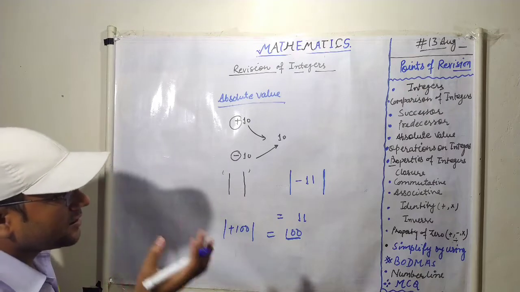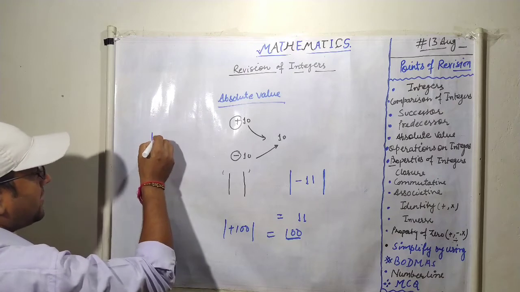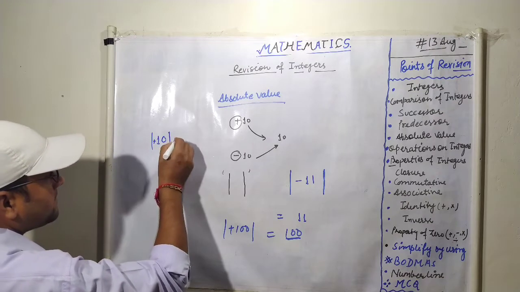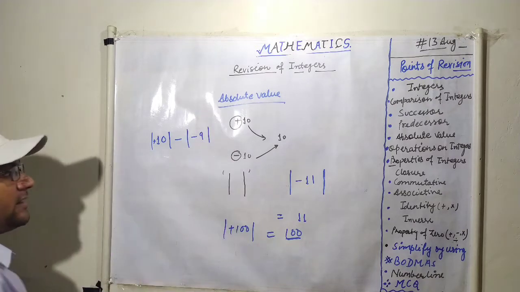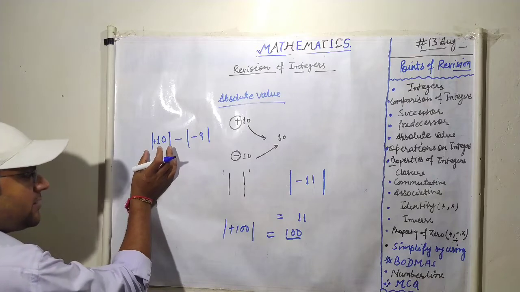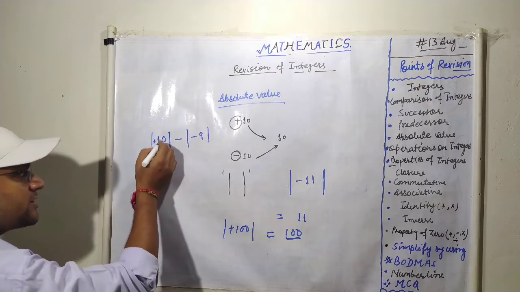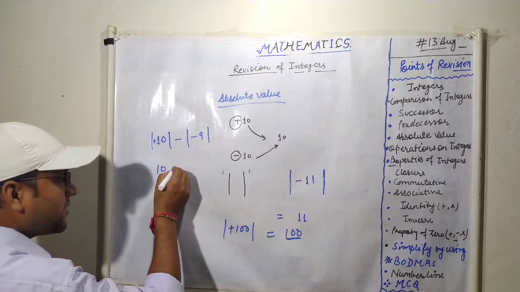I will give you one example. See this one. Solve this expression. This is the first number and this is your second number. This is the sign of subtraction. What is the absolute value of plus 10? That is 10. Here is a minus sign, write the minus sign.